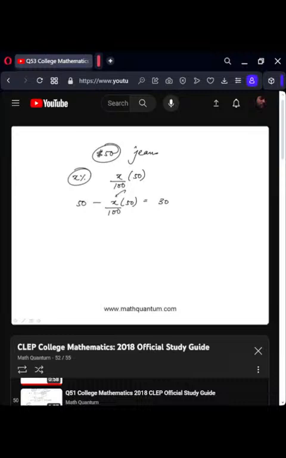I'm just going to move the X terms over and bring the number to the side. So that's 20. 50 goes into 100 twice, so X over 2 is 20, X is equal to 40, so the answer is 40%. Answer choice C.